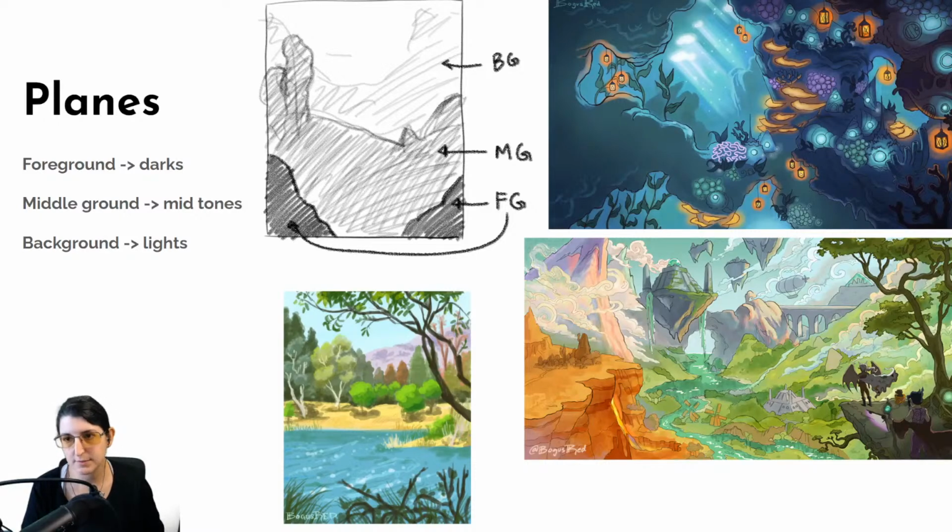Even if there is some distinction, like in the case of this piece here in the lower right, this main foreground element is mostly dark. And a trick you can use is if you squint at a piece, you can start to see this one big shape of darker tone here.